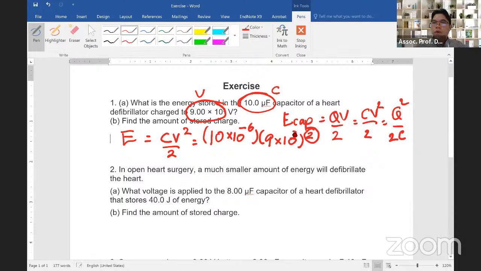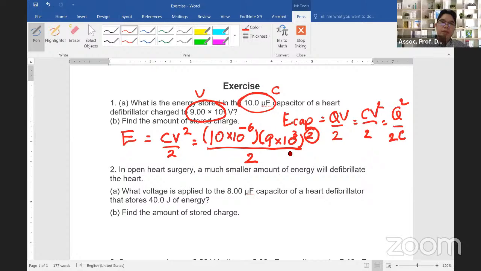Some students answered incorrectly, maybe you forgot to square it. And then you divide it by 2. From this you will get 405 joules. Correct from Danny. Great, the first one is clear.